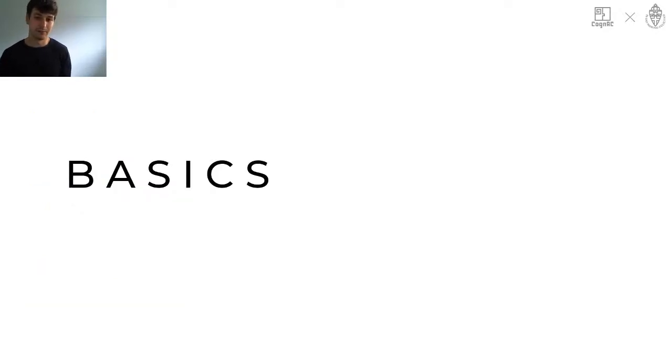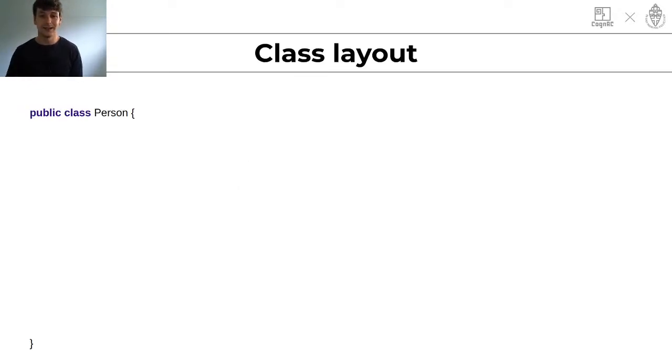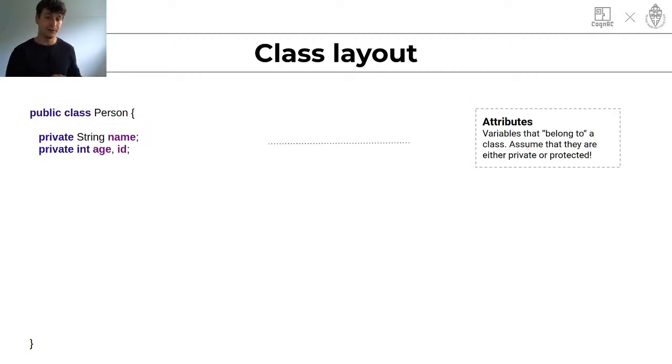So let's start with the basics, just a very quick warm-up. This shouldn't be anything too new, but maybe you'll get something new out of it. This is also my setup for how I approach making classes: I always start with setting up the class, going to the attributes first.